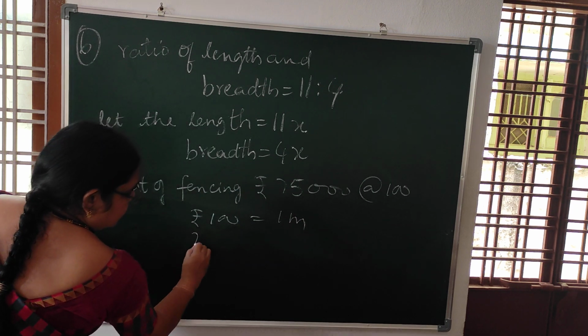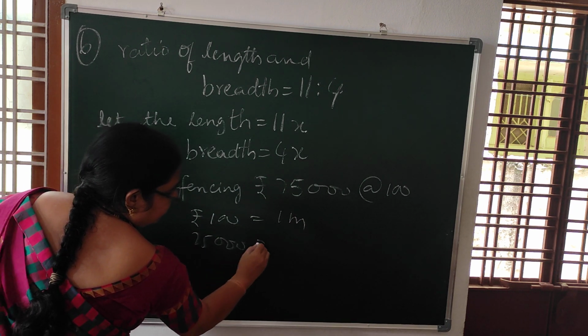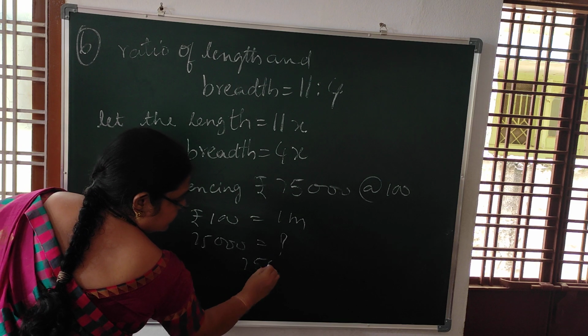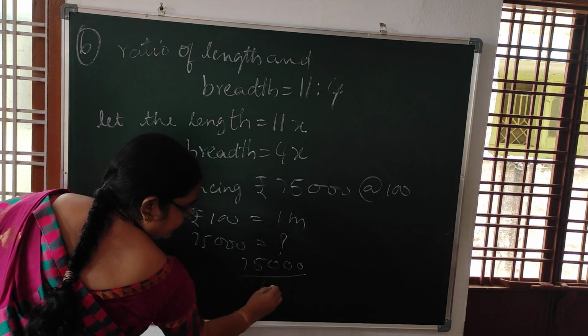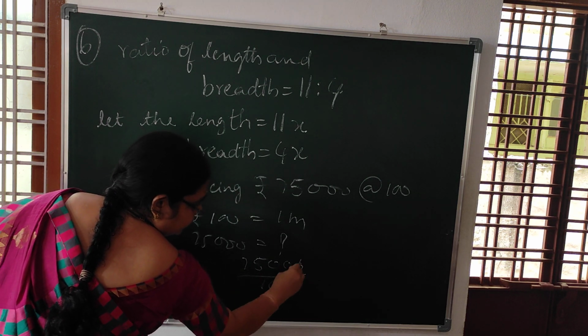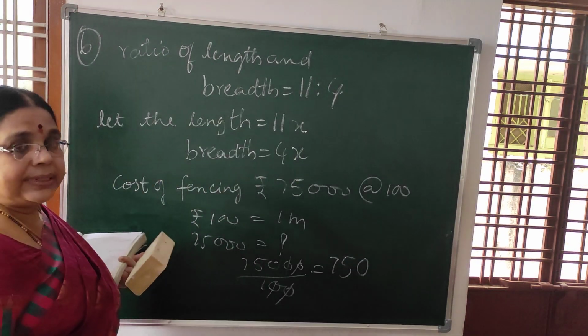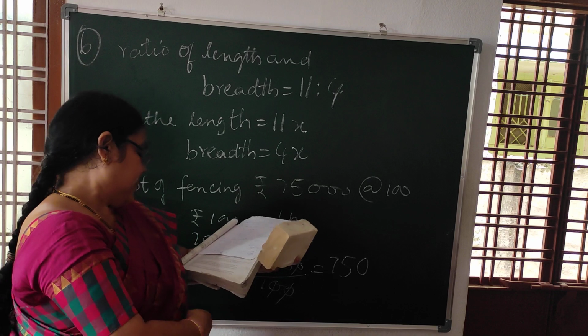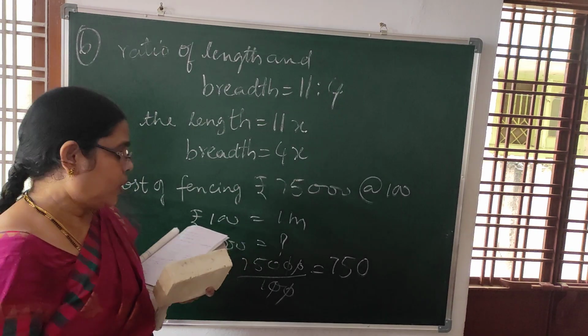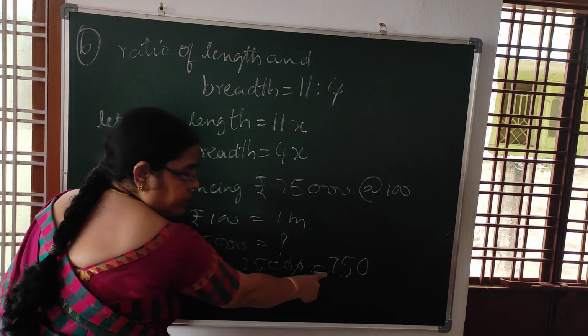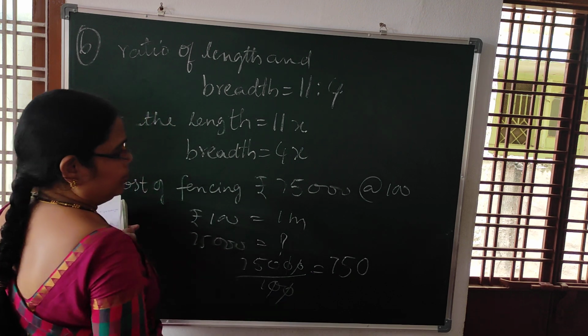For 75,000 rupees, how many meters? That is 75,000 by 100, which gives you 750. That means the perimeter of this rectangular plot is 750 meters.